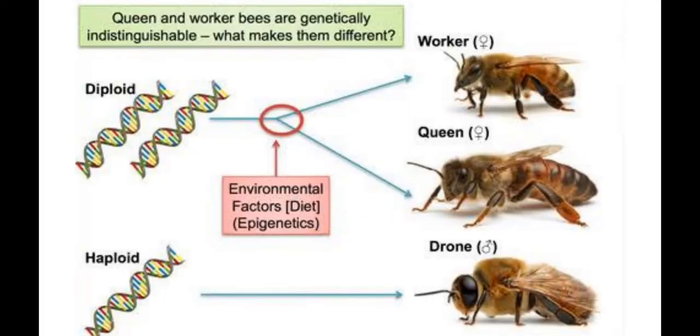The queen bee is much larger than a working bee, and it works very hard, and it makes eggs. What is interesting is that a working bee and a queen are genetically twins. They have absolutely the same genetics, but they look very different. They work very differently. They also live much longer.